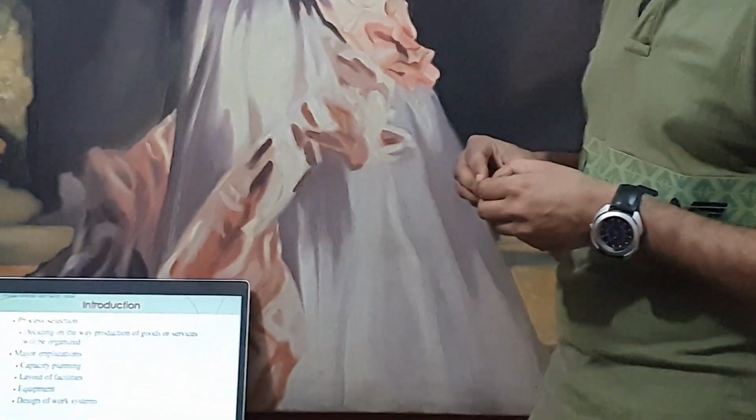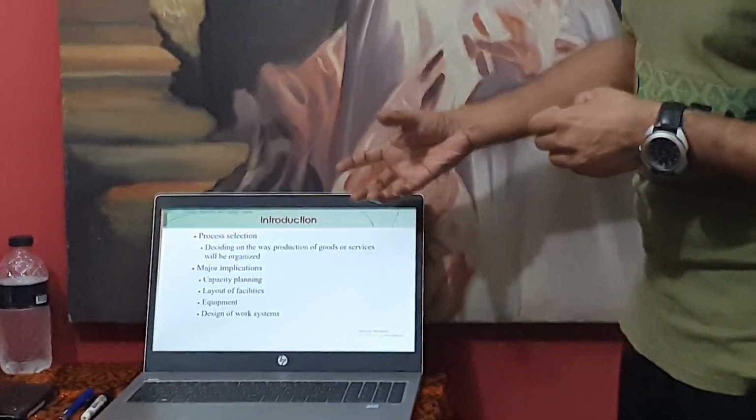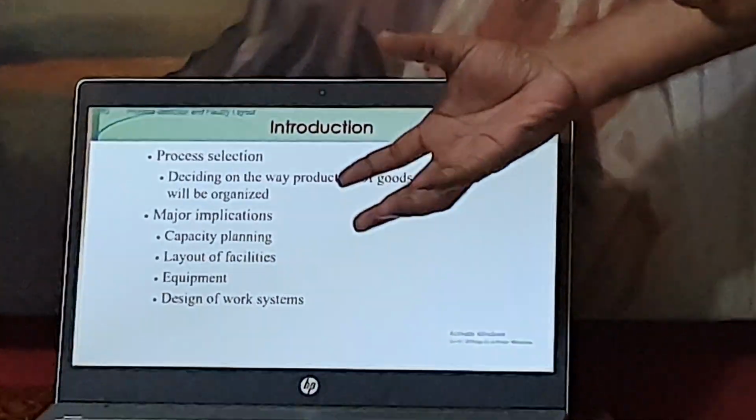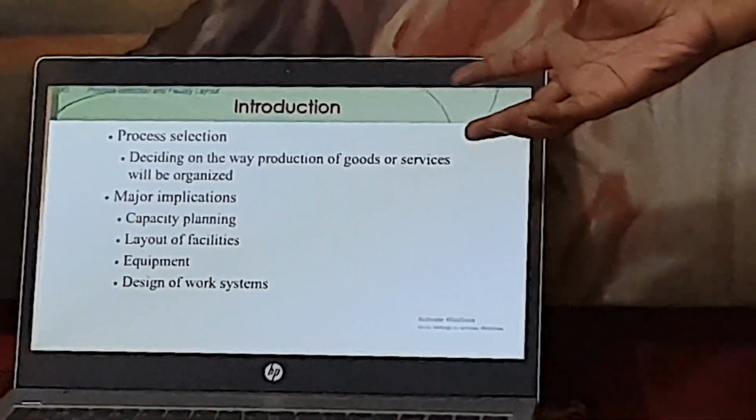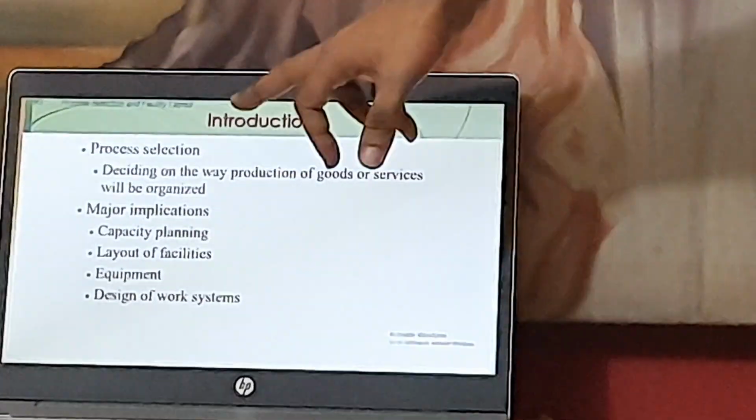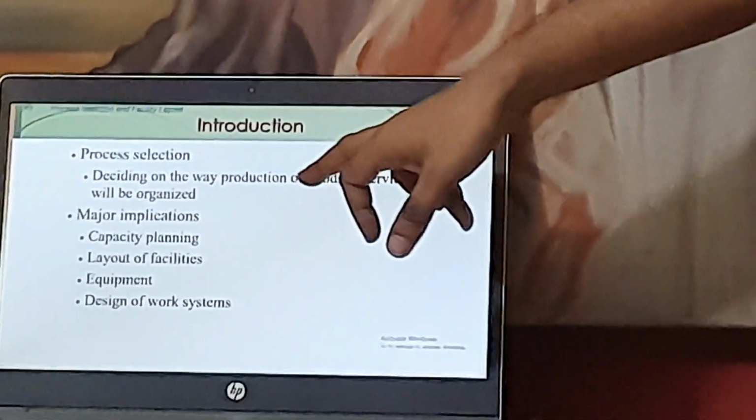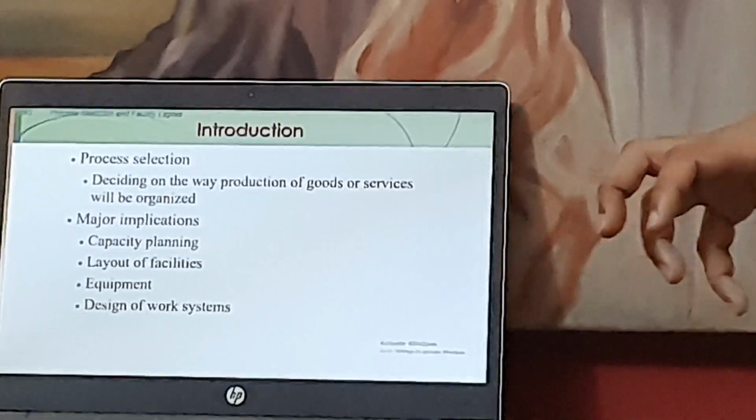Before going on to process selection in a detailed way, I just wanted to tell you some different things. What are the major implications of process selection, and what is process selection by definition? Process selection means deciding on the way the production of goods or services will be organized.